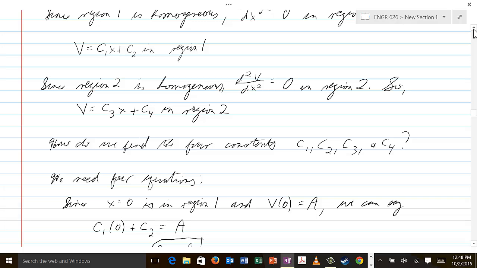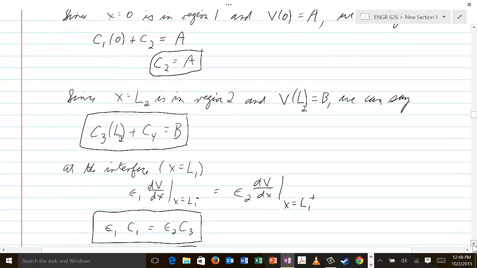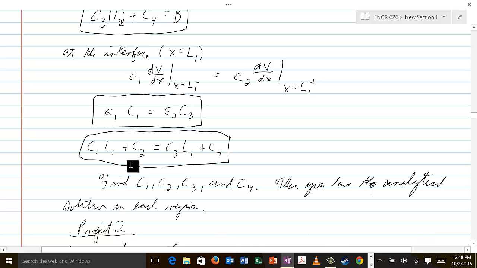But we can't have an infinite electric field, and therefore V cannot take a sudden jump. Therefore c1x plus c2 evaluated just to the left of x equals L1 must be equal to c3x plus c4 evaluated just to the right of L1. And so that's where we get c1 L1 plus c2 equals c3 L1 plus c4.